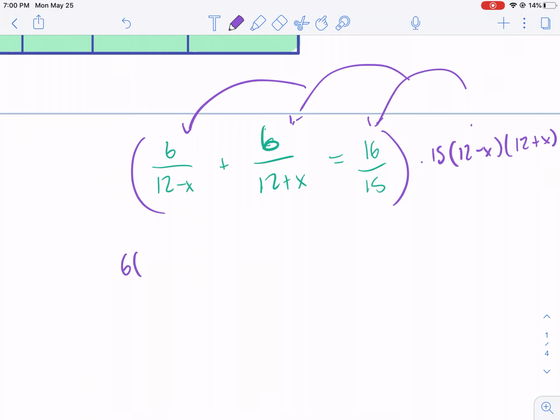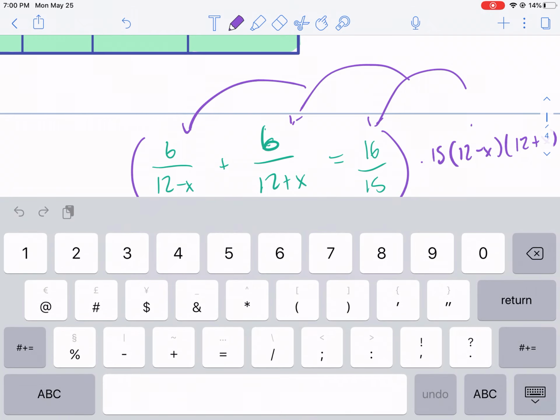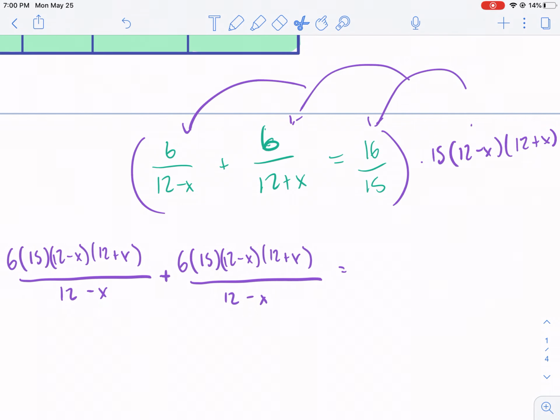So I have 6 times 15 times 12 minus x times 12 plus x, over 12 minus x. I essentially have the same thing going on in the second one, with a plus sign in between, over 12 plus x.